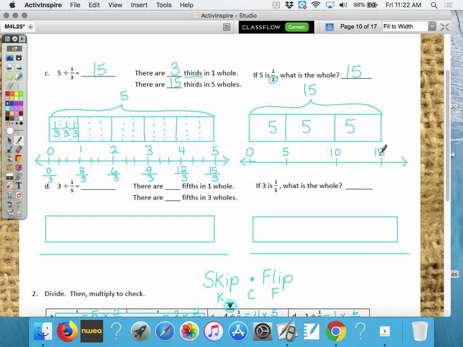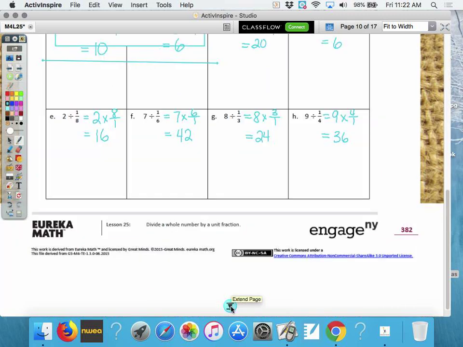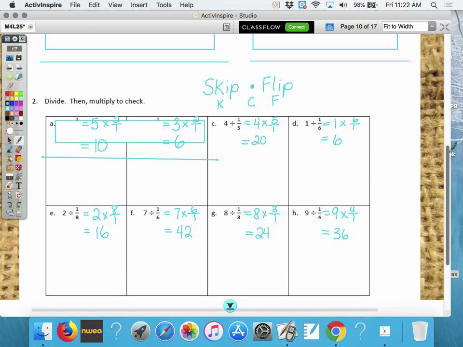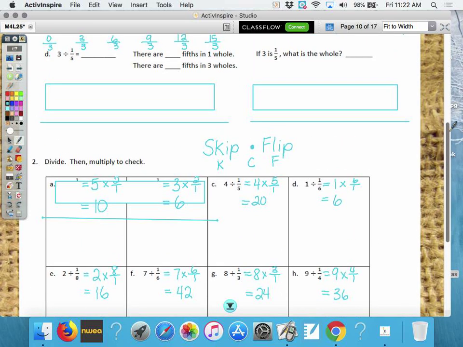Okay, how you doing? Sorry. Okay, so the next one is similar. Chloe's wanting to try it on her own. So you don't look up here until you're finished.